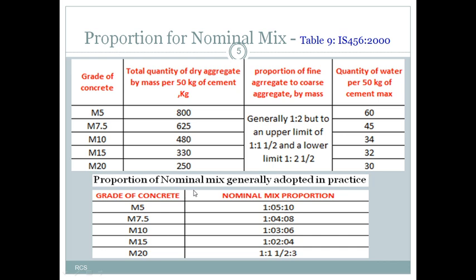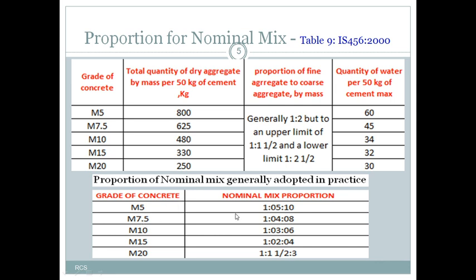Some proportions for nominal mix generally adopted in practice are given in this table. For M5, the mix proportion used is 1:5:10. Then what is the 1 here? It is 1 proportion of cement, 5 proportions of fine aggregate and 10 proportions of coarse aggregate.